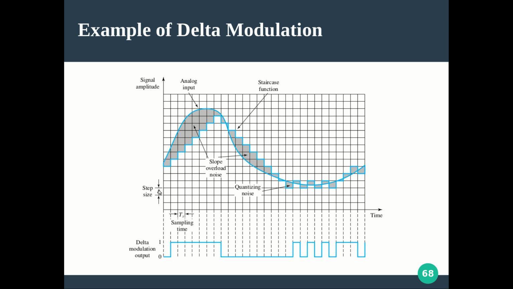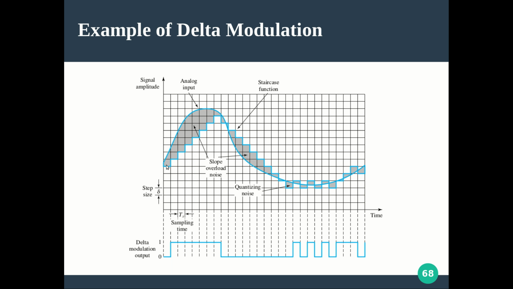Now one more thing I want to make clear. At this point, see this slope overload noise. Why is it happening? Because of the rapid change of the amplitude of the original analog signal. Now if you want to decrease this slope overload noise, so that the staircase function is very close to the original signal, what you can do is increase the step size. The problem is the step size is this much.